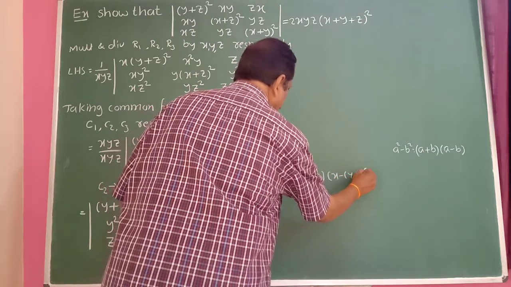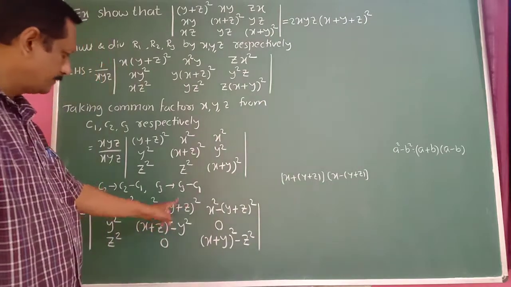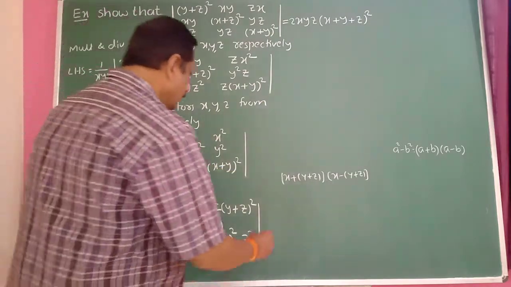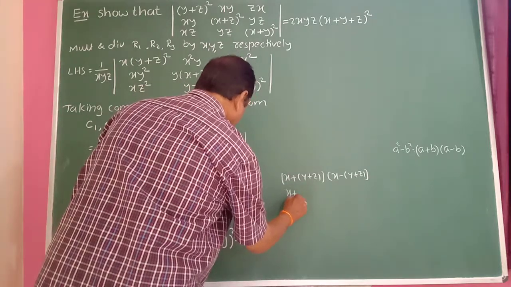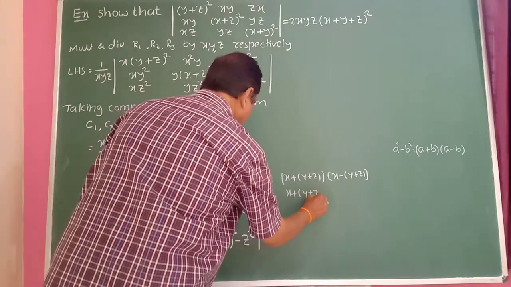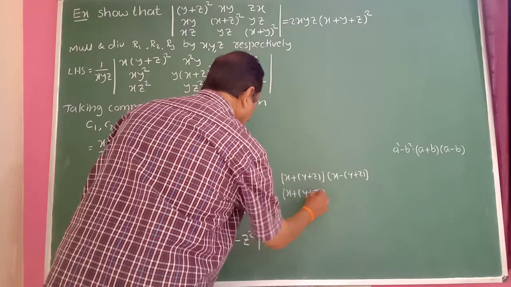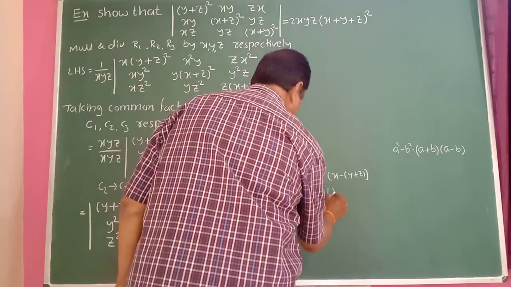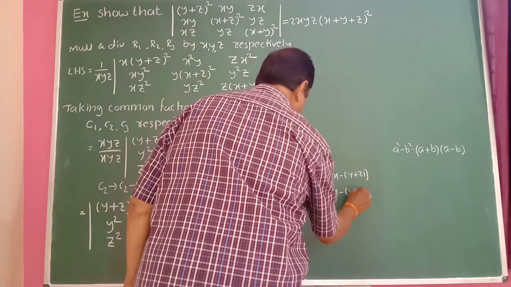This term can be written in this form, and this term can be written as (x plus (y plus z)) into (x minus (y plus z)).